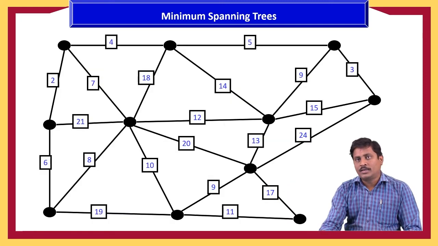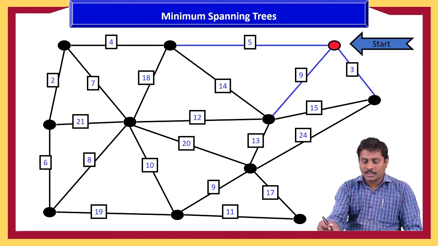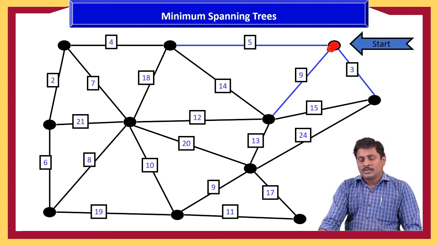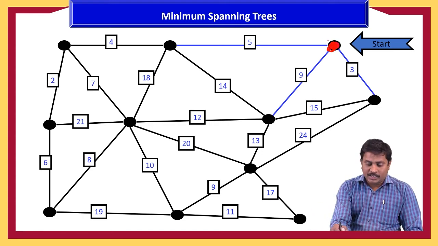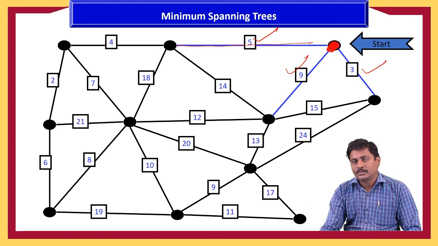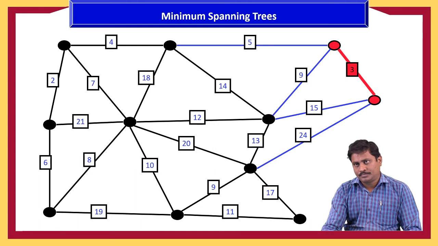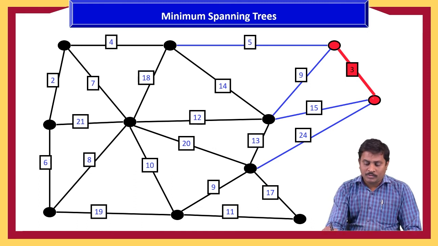Now here you see this is the problem to find a minimum spanning tree using Prim's algorithm. Suppose we start here. This is the starting vertex. It connects with 3 other vertices. This edge cost value is 5, this edge cost value is 9, this edge cost value is 3. Among these, the minimum cost edge is 3, so we choose that one. Now we travel here. Now it has 2 edges.